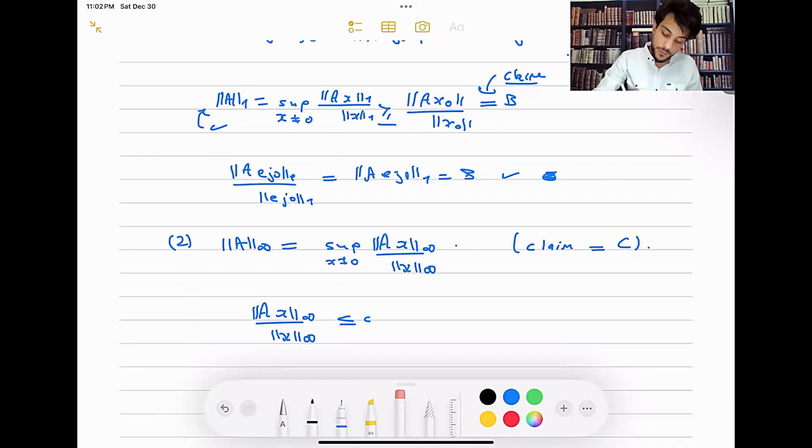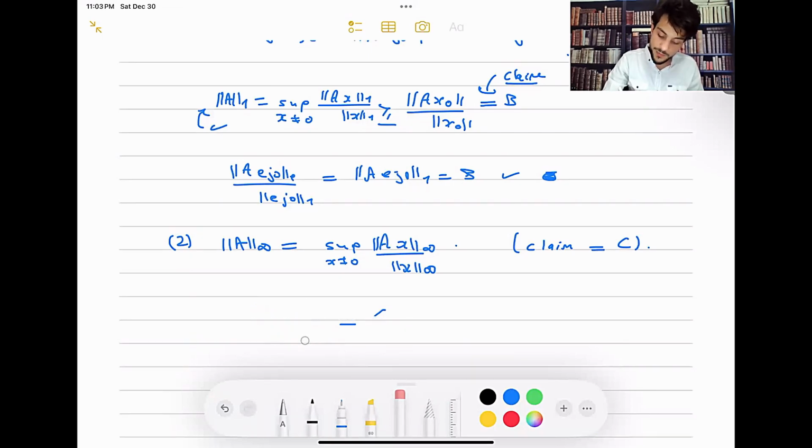Well, the first inequality is gained by proving that this is less than or equal to C for every x0, so that we can take the supremum and get the infinity norm of A on the other hand. And we'll figure out how to do the second inequality. So let us start with this inequality.